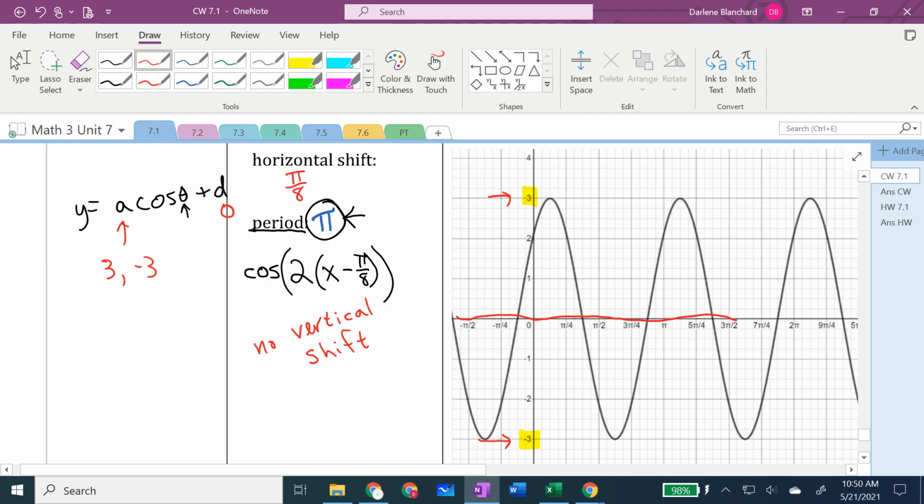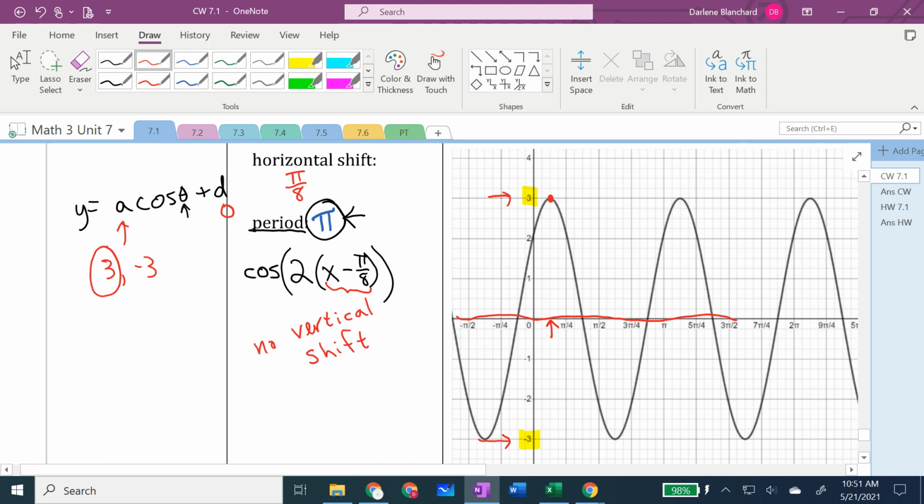In order to know which one it is, I need to look at, based on this horizontal shift, this is saying look at starting to the right of 0, pi over 8. This is where I'm starting. If I start my cosine cycle at a high point, then that's going to be a positive 3.